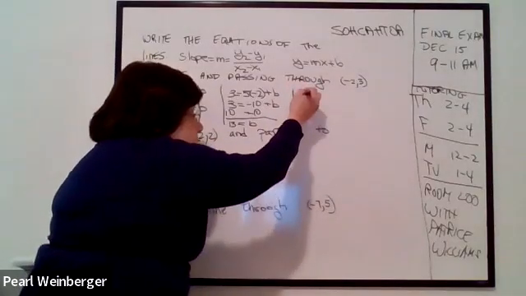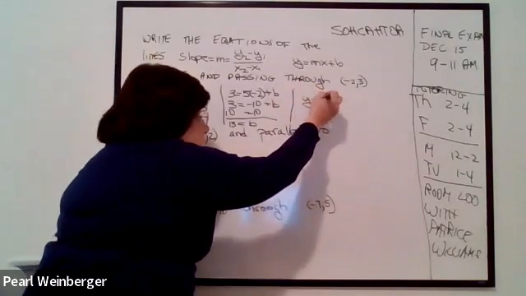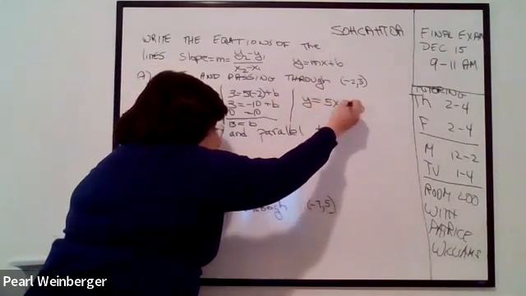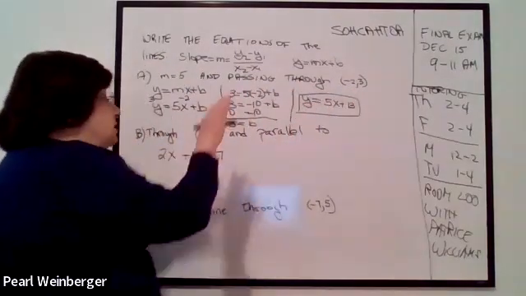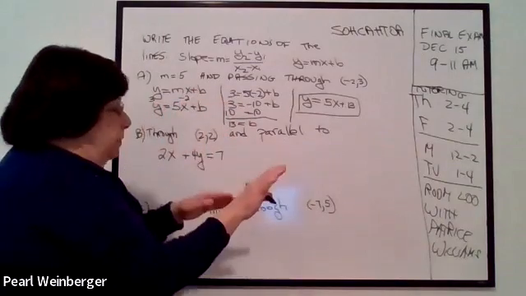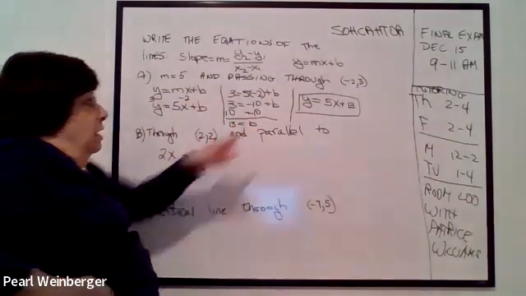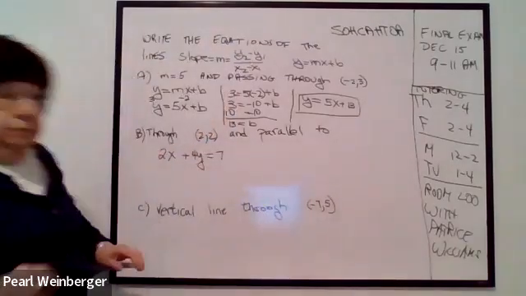So now we can write the equation of the line: y equals 5x plus 13. When we write equations of lines, eventually we have to get something in the form y equals something times x plus something. That is the equation of the line. And the answer to this question would be y equals 5x plus 13.